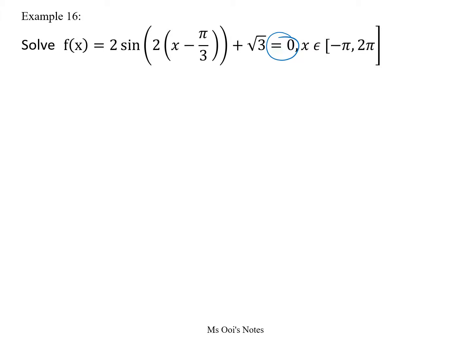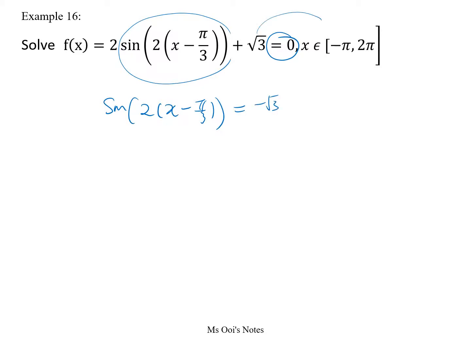So the method here is we're going to isolate sine. So sine of 2x minus pi over 3 is equal to, bringing all the numbers to that side, negative root 3 over 2. All right, as before, we look for the basic angle of the inverse sine of the ratio.